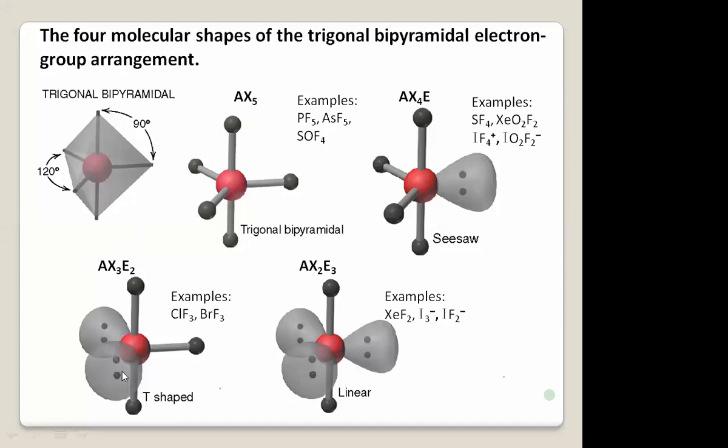As a result, you have a T-shaped molecule with only 3 bonding electron pairs and 2 lone pairs. So you have your fluorine coming around your chlorine in these 3 places. You also have it in bromine trifluoride. So chlorine trifluoride and bromine trifluoride would be AX3E2 shaped.